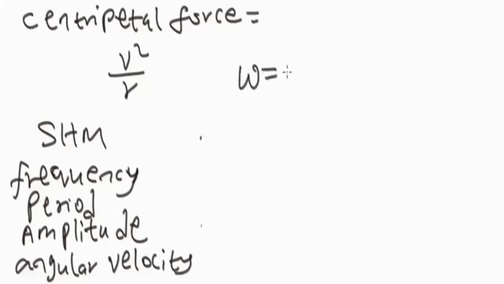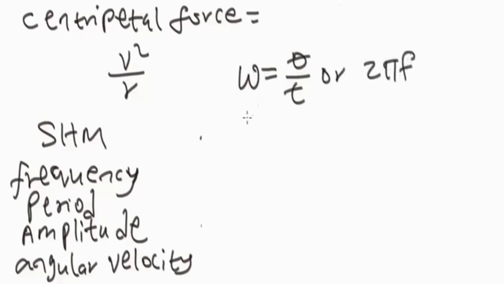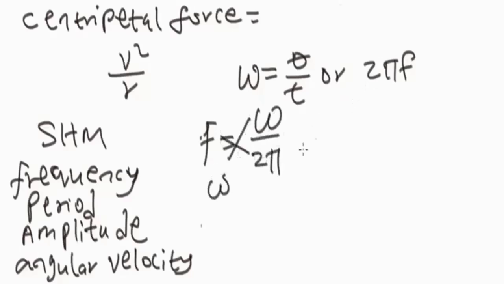That means angular velocity w equals theta over time. Angular velocity can also be calculated using 2 pi f, from one of the formulas for frequency, f equals w over 2 pi. When you cross multiply, w results to 2 pi f. So that's how I got this 2 pi f. Don't be confused by it.